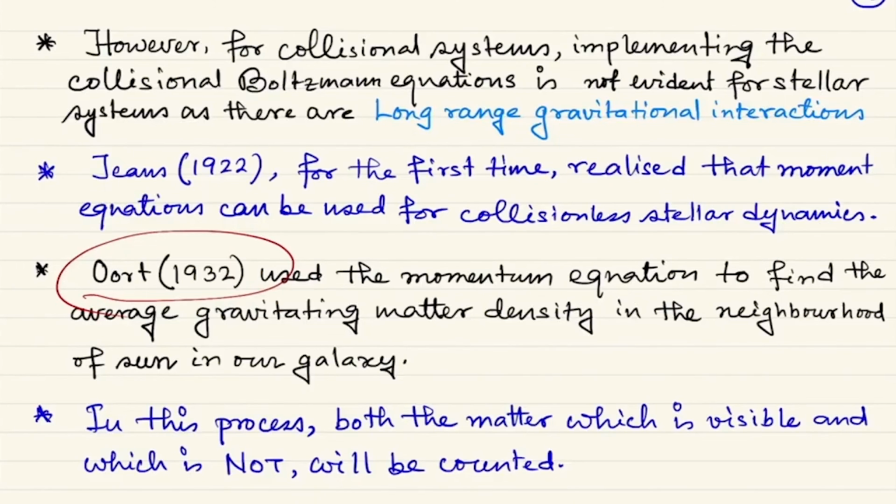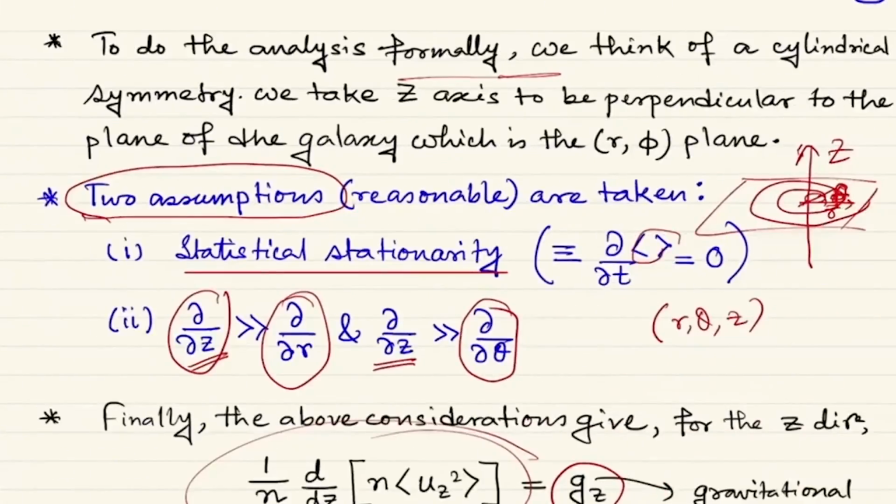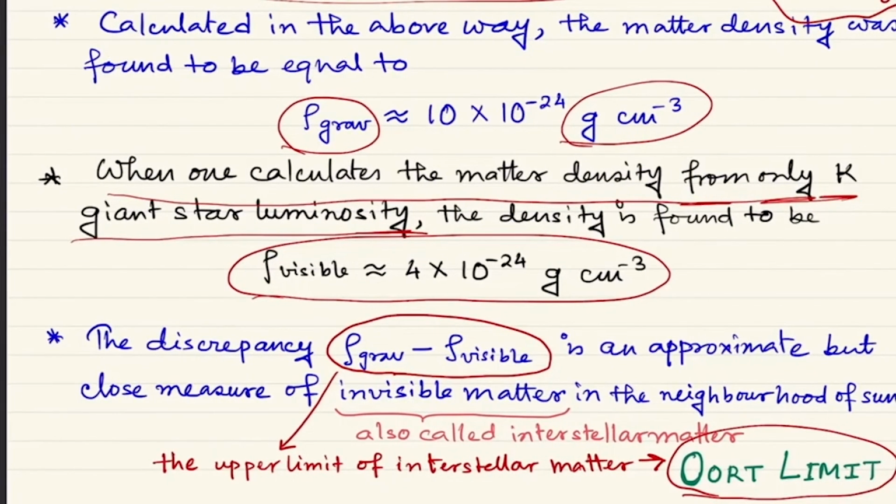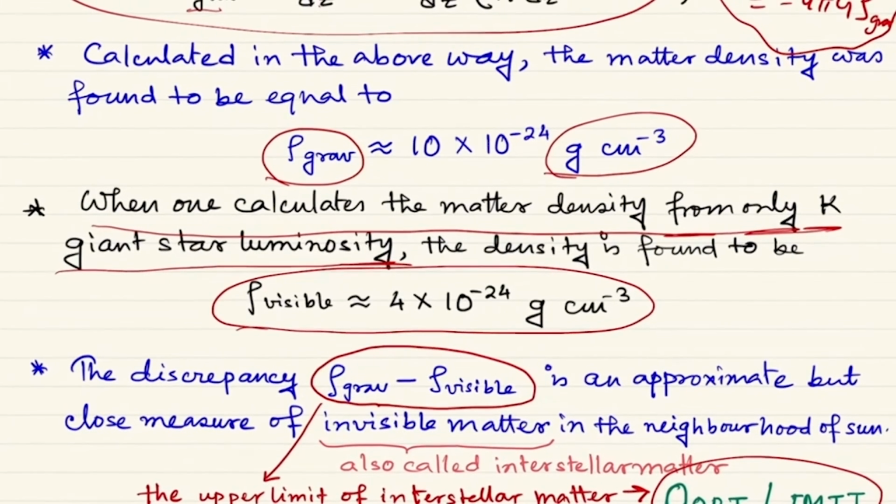In 1932, they did not have very sophisticated observational tools and instruments, but you see that Wood came out with a revolutionary idea, just using what? Collisionless moment equations. So that was one of the very interesting applications of the moment equations of a collisionless system.